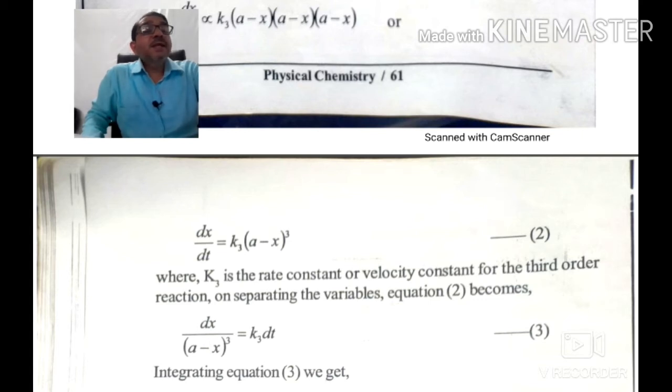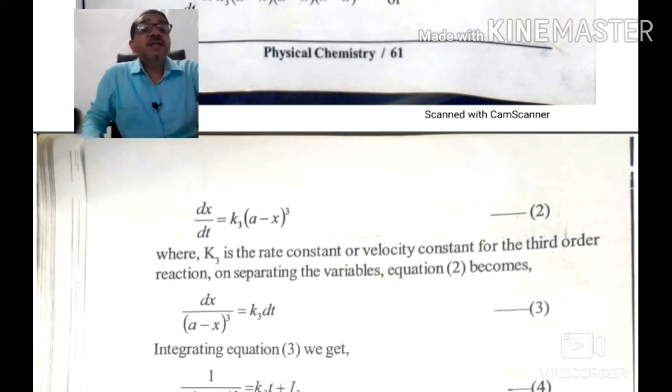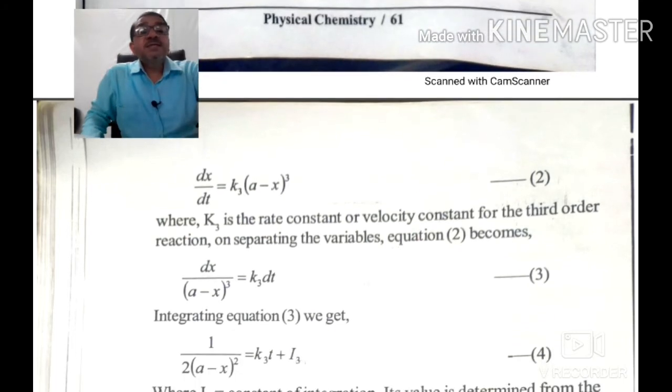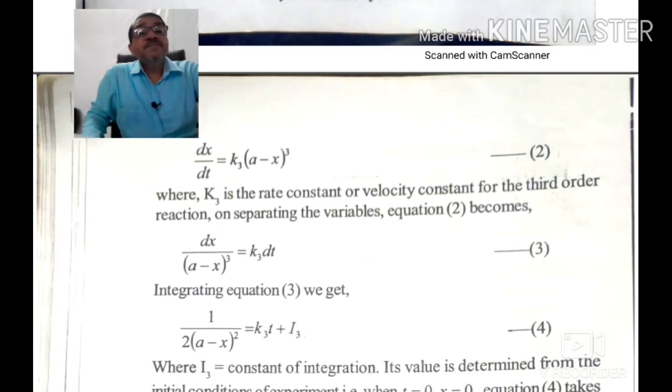Here we can label it as equation number 2, where k3 is the rate constant or velocity constant for the third order reaction. On separating the variables, equation 2 becomes dx upon (a minus x) to the power 3 is equal to k3 into dt.